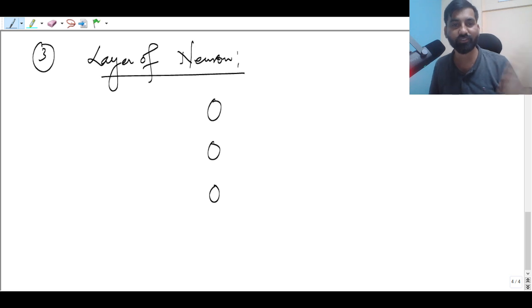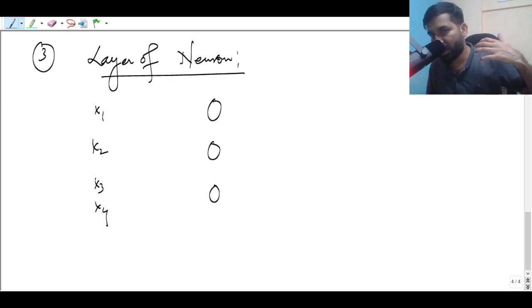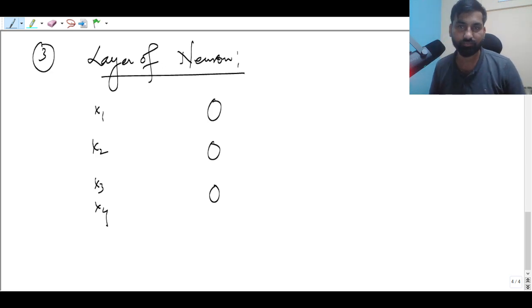There are three neurons. This is called a layer of neurons. And we have got inputs. So we have got 4 inputs here, x1, x2, x3, x4. Understand? And these inputs have the corresponding weights also, right? So we have got 3 neurons, number 1, number 2, number 3.